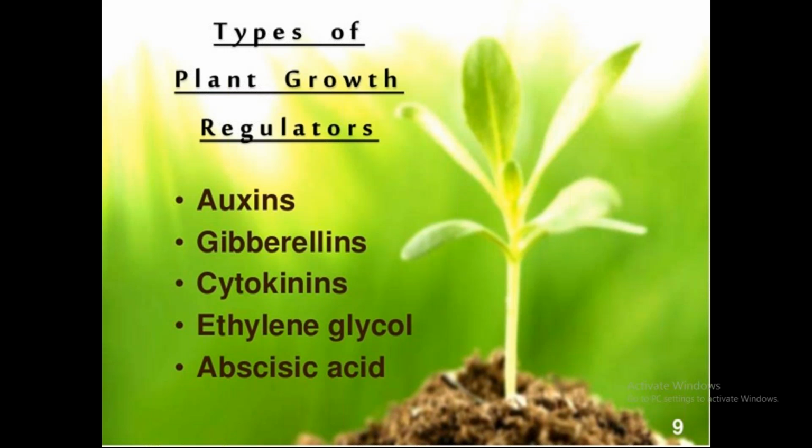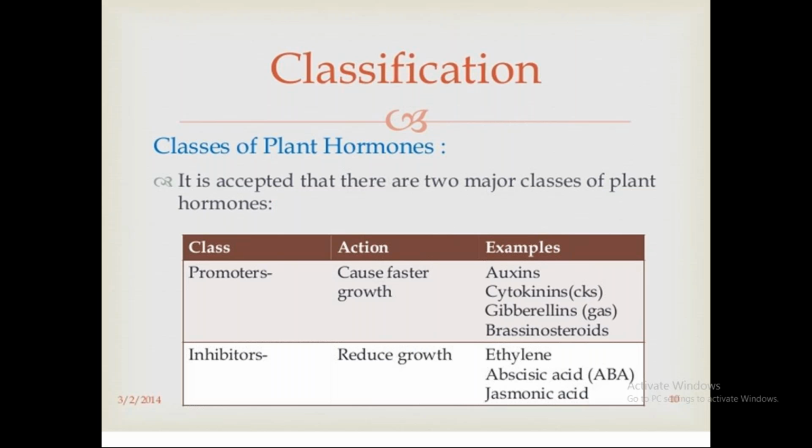Then we classify these hormones. We are classifying these hormones because all the hormones are not promoters. Out of these hormones, some act as inhibitors and some act as promoters. On the basis of their promoting and inhibiting activities, they are classified into two categories, promoters as well as inhibitors.